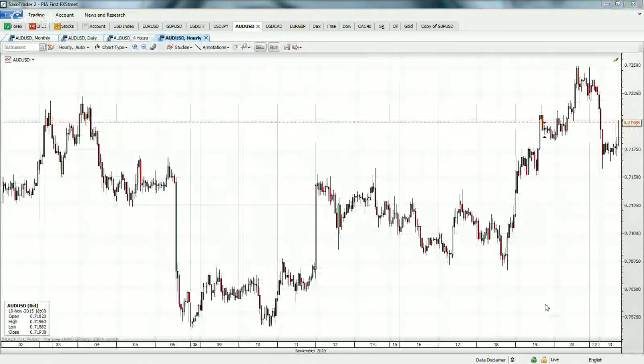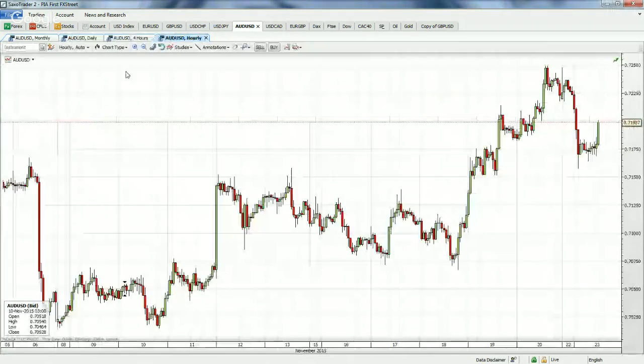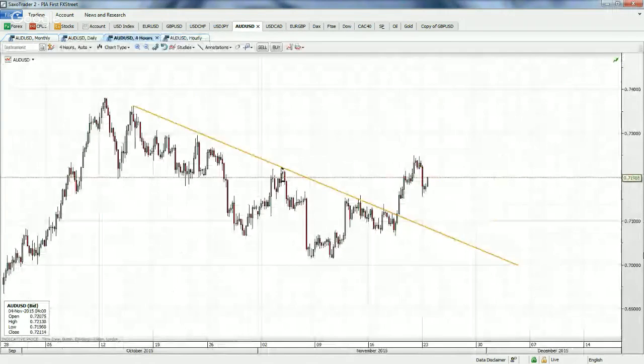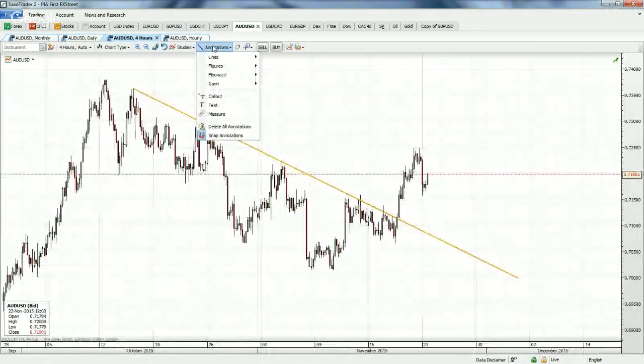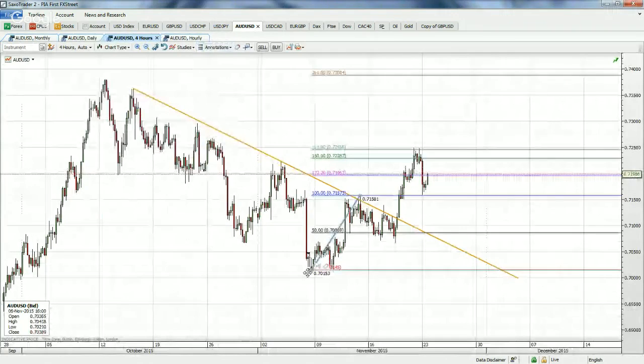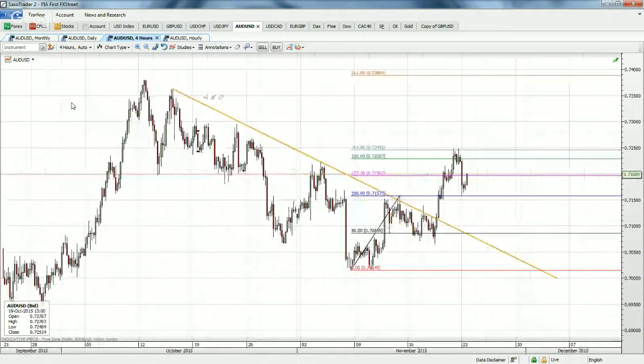So again, our bias in Aussie dollar is to sell into rallies, but there is scope for a bigger rally before we look for bears to reappear. So we're only looking round about the previous high, obviously using our fib tools again. 73.88 is a 261.8% extension level.